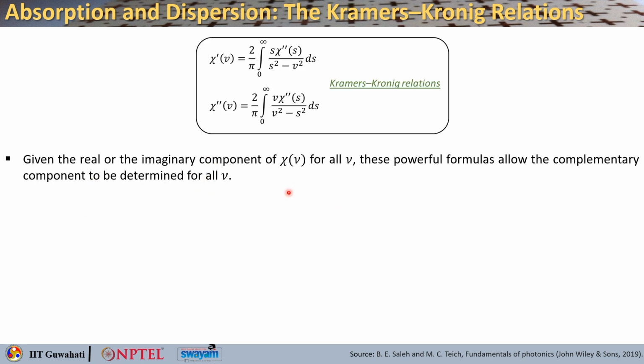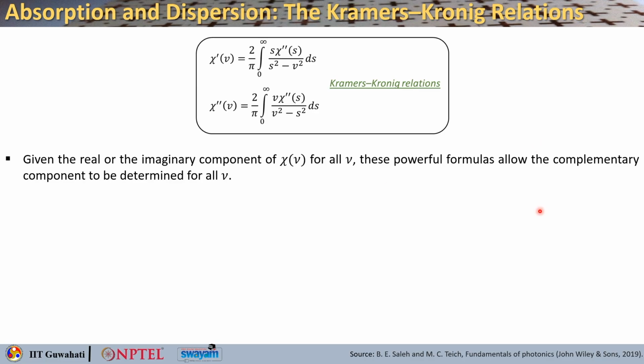Given the real or the imaginary component of chi of nu for all nu, this powerful relationship allows you to calculate the other component. So, if you know the imaginary part, you can calculate the real part and vice versa, right. This powerful formula allows the complementary component to be determined for all nu.